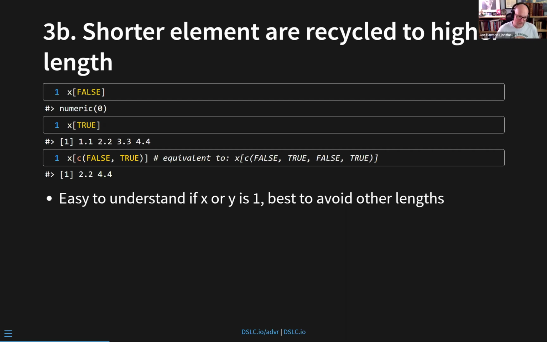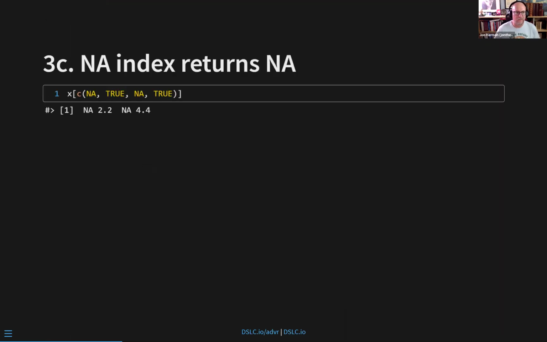His advice, and it's not wrong, is if X or Y is length 1, recycling, no problem. But if they're not, probably just spell it out. Again, there are cases like if you want to get every other thing, you can say false true or true false, and that'll get you every other row, for example. But for the most part, that can be a confusing way to do it.